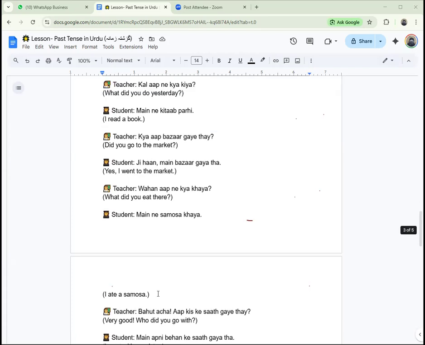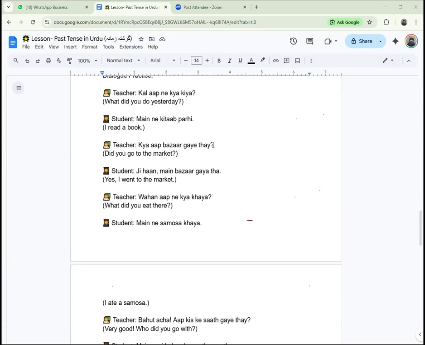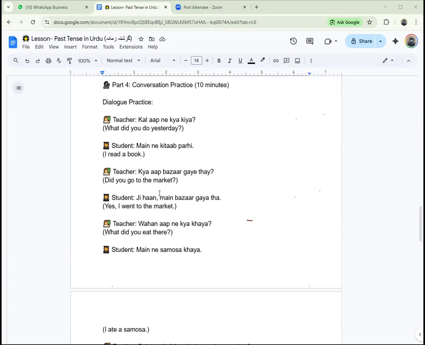I have a question. Why do you start with gaya, like जी हाँ, मैं बाजार गया था? Because gaya is already a verb, and it shows that he went to the market in the past. So why do we add tha here? Tha is an additional verb.